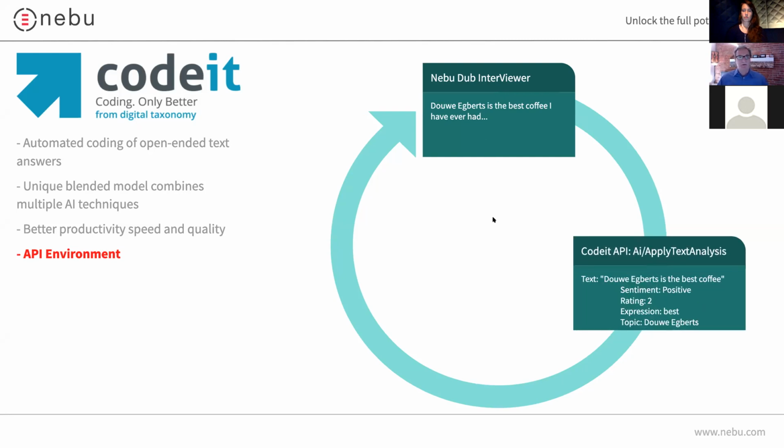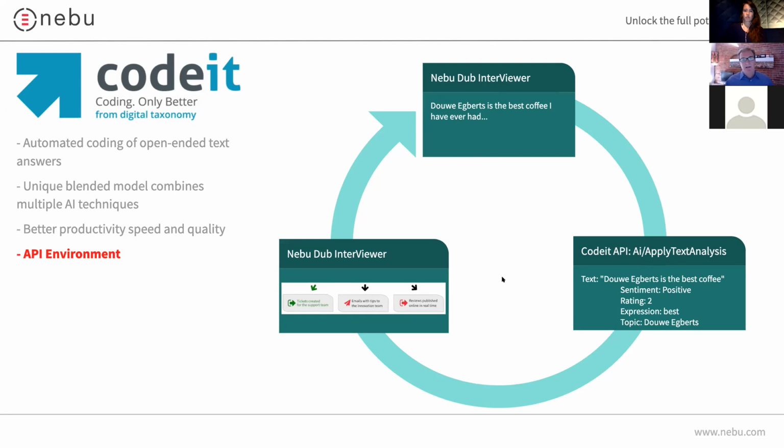The API very quickly, and I'll show you how quickly, produces findings and results, many findings actually in many different entities from that one verbatim, which are then fed back to the interviewer package. And of course, they're using the select findings that are connected to the actions, the triggerable actions in their survey. So it's a pretty simple loop.